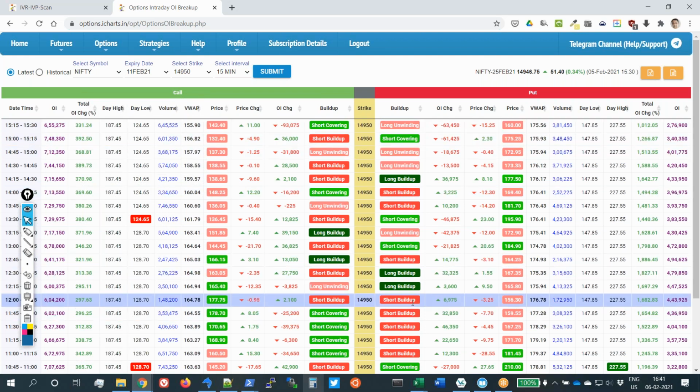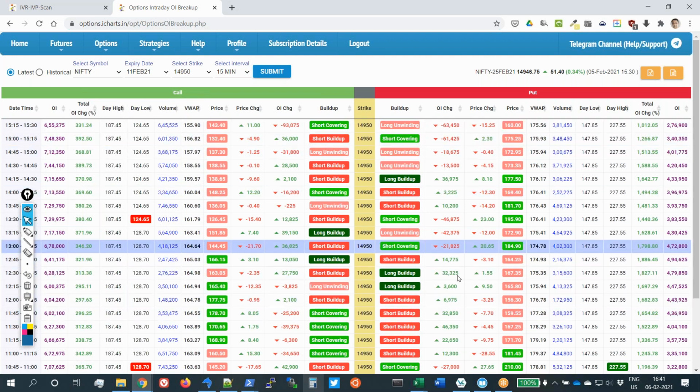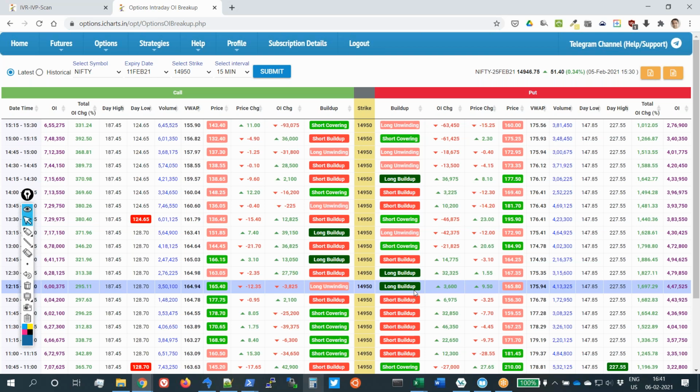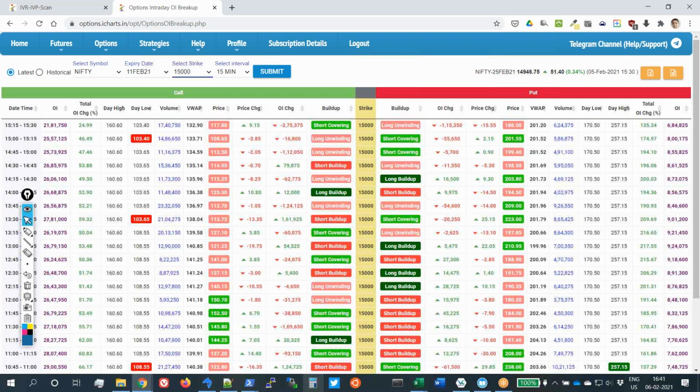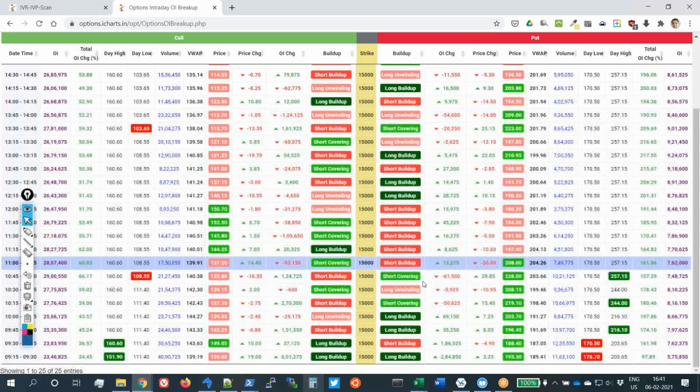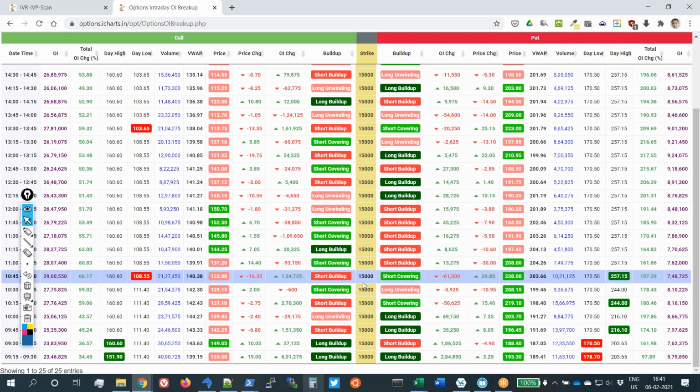One other thing that this options OI breakup is used for is if you're trading a straddle, say this is the straddle that you're trading, then you could probably do adjustments using it. Now this is hitting a new low, so you make sure that you have more quantity, you have shorted this.